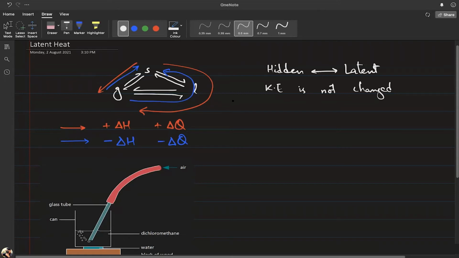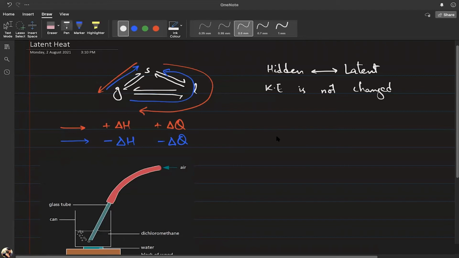They're still moving at the same speed, but they are overcoming the forces of attraction, and so this energy is used to fight those forces. It's not that the particles were moving faster while you were heating it up. Particles were moving at exactly the same speed as before, but we were overcoming the forces of attraction that were keeping them close to each other. That is why this heat could not be sensed through a thermometer, and that is why it's called latent heat.